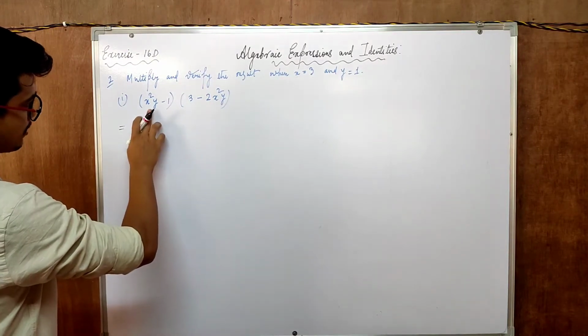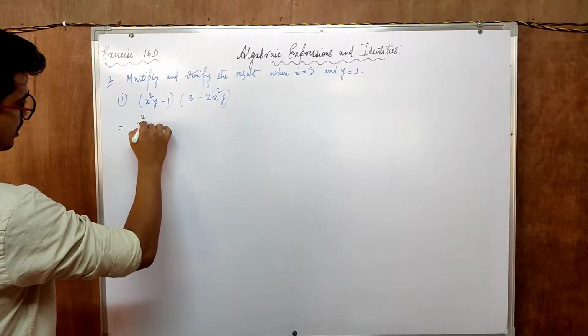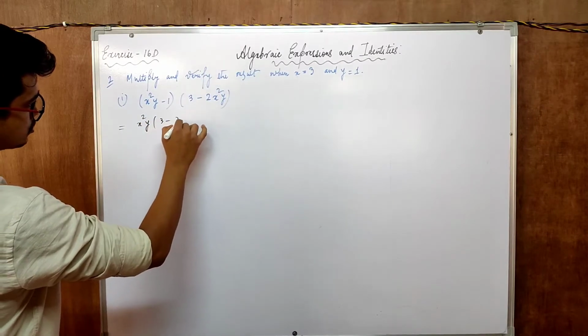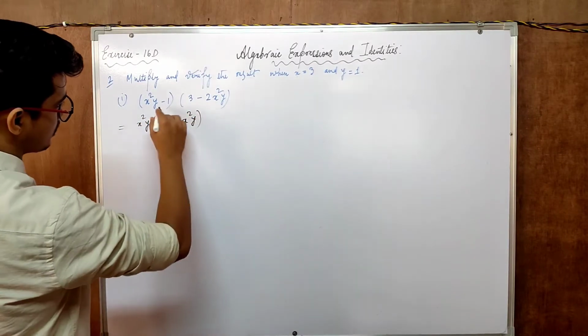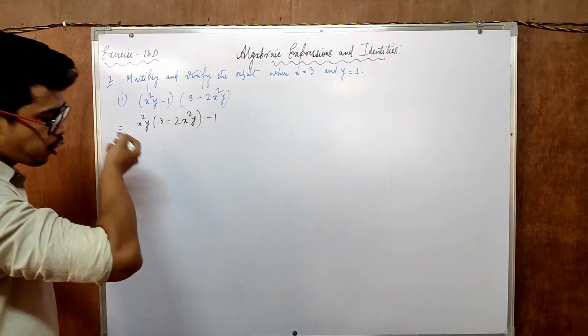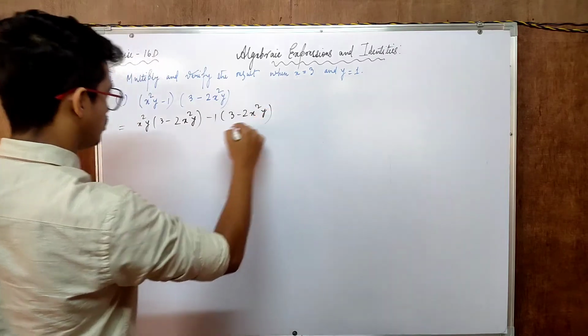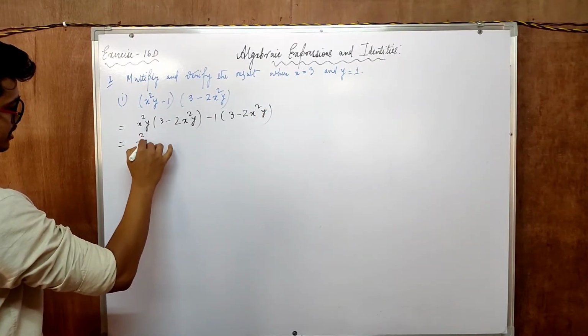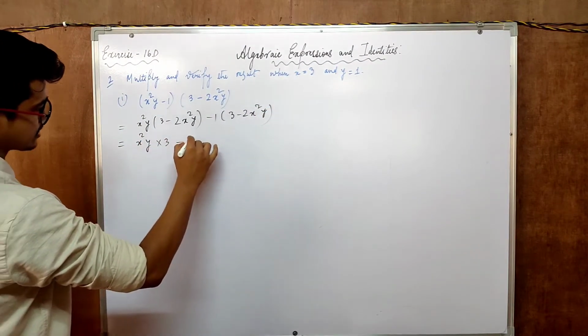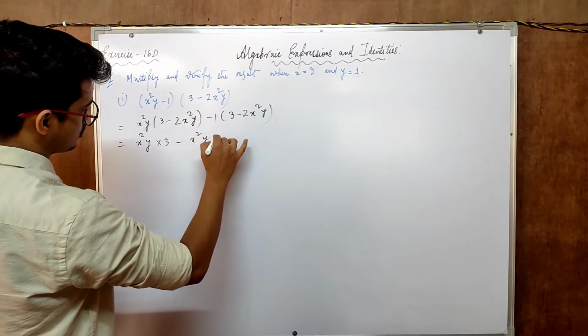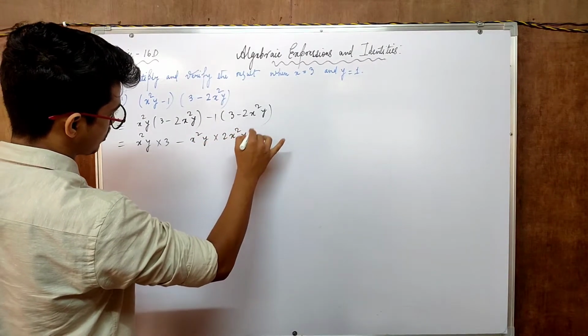So the first element will be multiplied with the entire bracket. So x square y, 3 minus 2x square y, and then minus will come following the sign. So that means 3 minus 2x square y. Let's multiply quickly. x square y into 3 minus x square y into 2x square y.